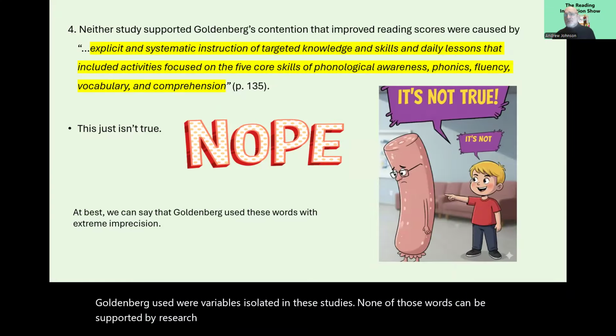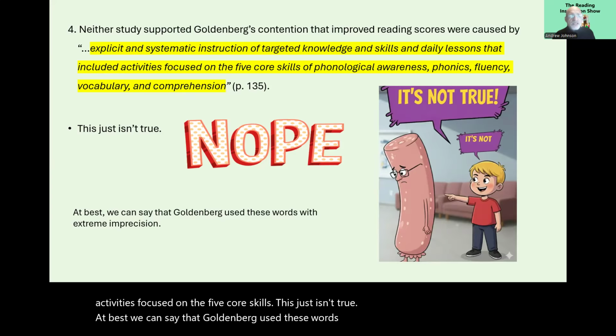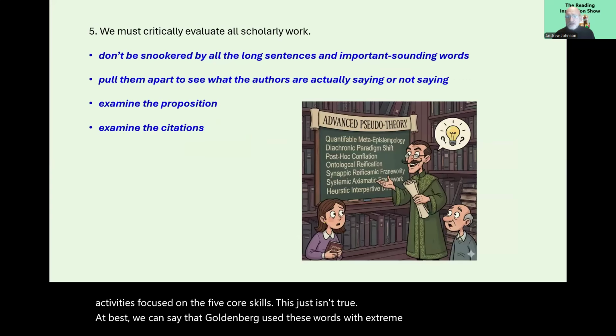Neither study supported the contention that improved reading scores were caused by explicit and systematic instruction of targeted knowledge and skills and daily lessons that included activities focused on the 5 core skills. This just isn't true. At best, we can say that Goldenberg used these words with extreme imprecision.